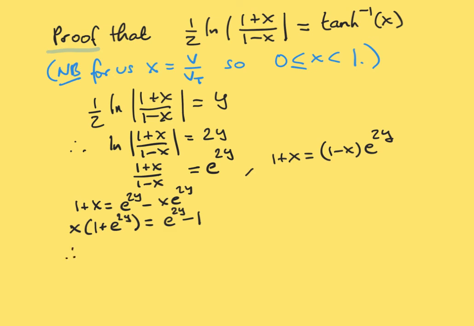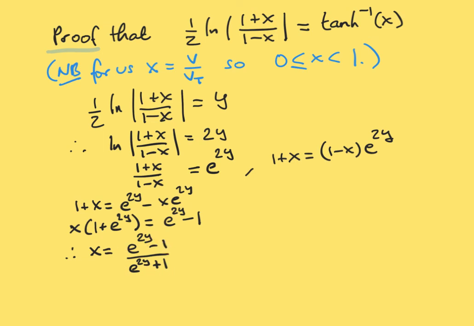So therefore, dividing both sides by this bracket here, we have x is equal to (e to the 2y minus 1) over (e to the 2y plus 1). I've just changed the order of writing these two terms so that it looks like this, which is a bit more elegant.